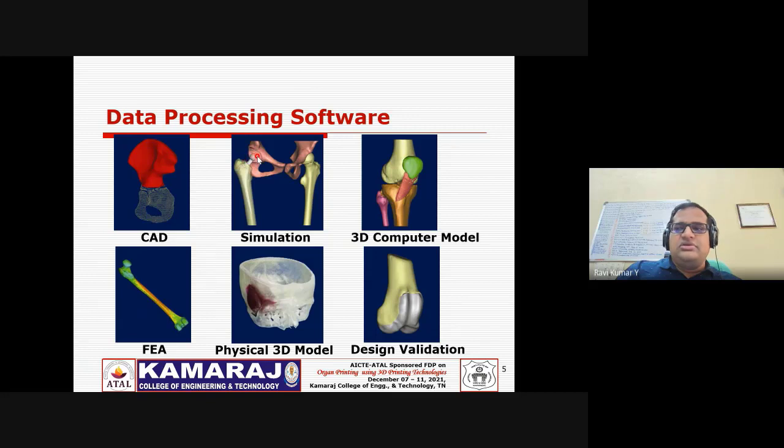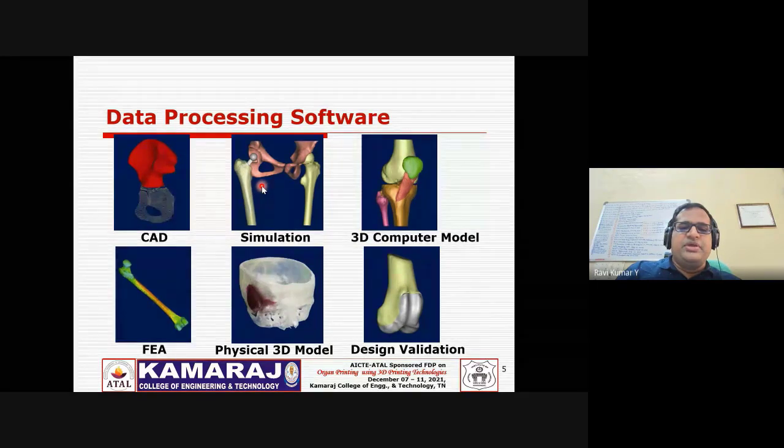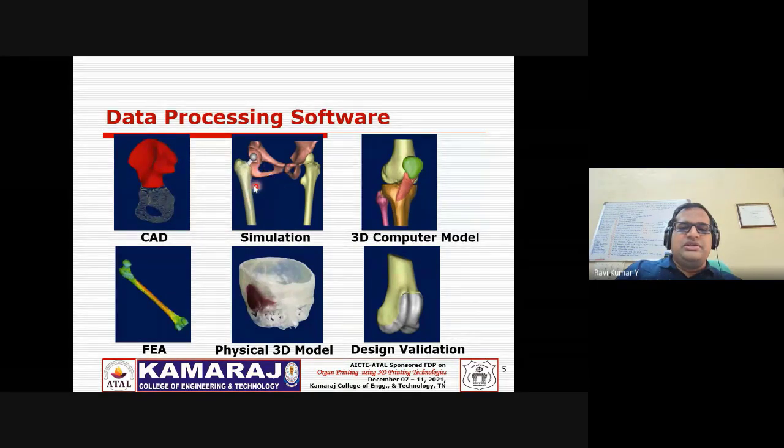Then you need to simulate that before you go to the actual real-time surgery, and these softwares will allow you to simulate the surgery. For your patient-specific design, based on the patient condition, this data has been captured, and further you have designed a customized implant for the patient-specific requirement.